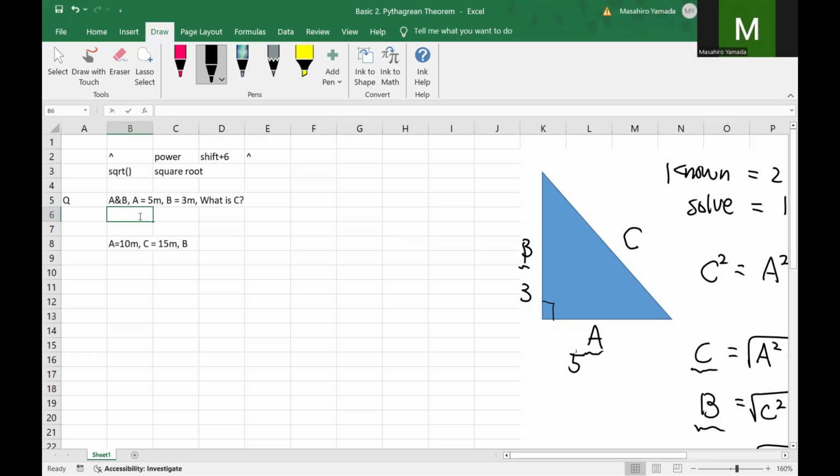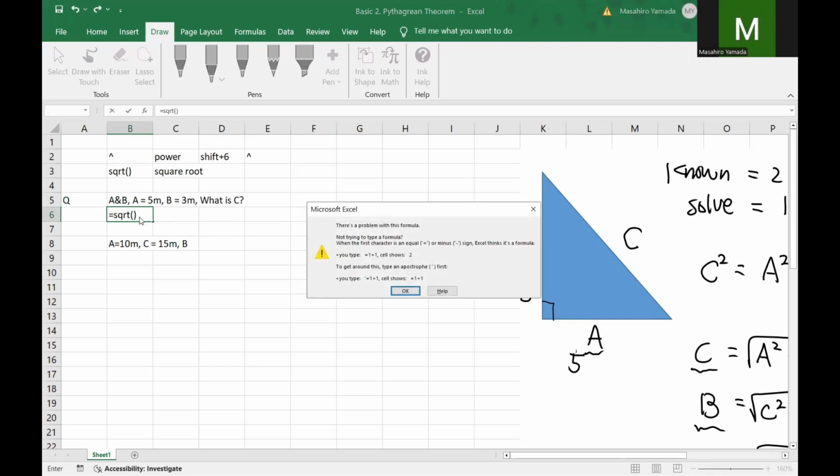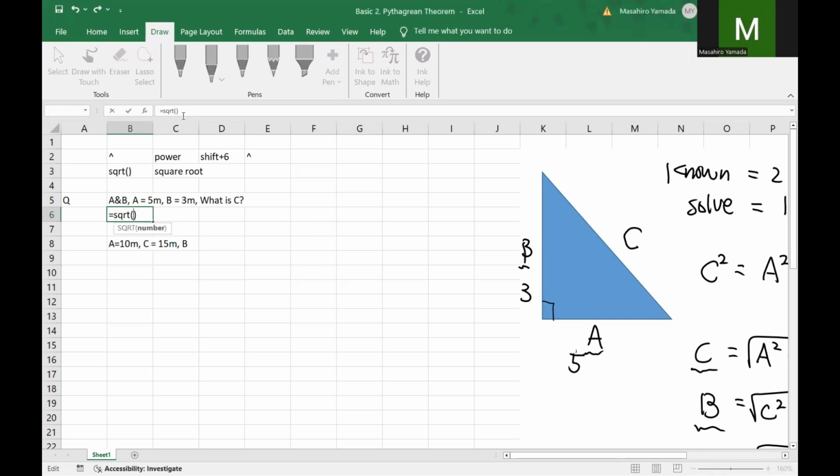Therefore, equal square root, and within the parentheses, we enter A squared, which is 5 squared, plus B squared, therefore this would be 3. So the length of C is 5.83 meters.